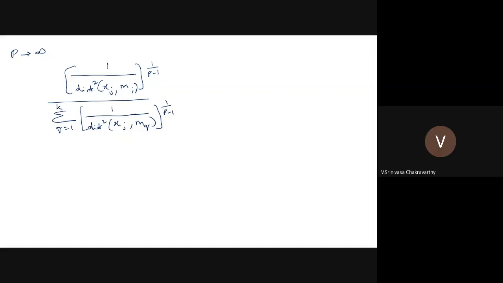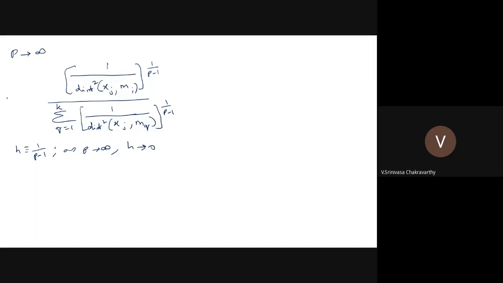Now when p tends to infinity, I'll define h equal to 1 by p minus 1. Therefore, as p tends to infinity, h tends to 0.